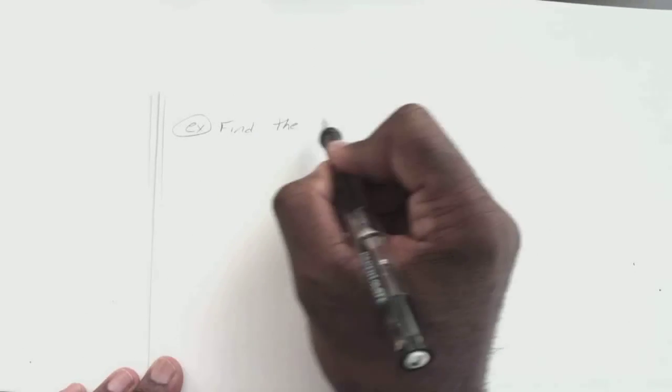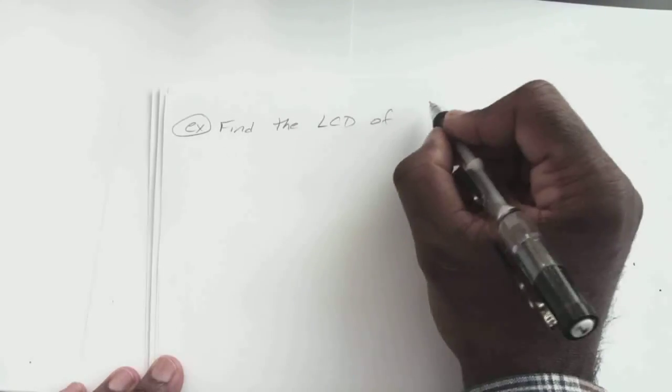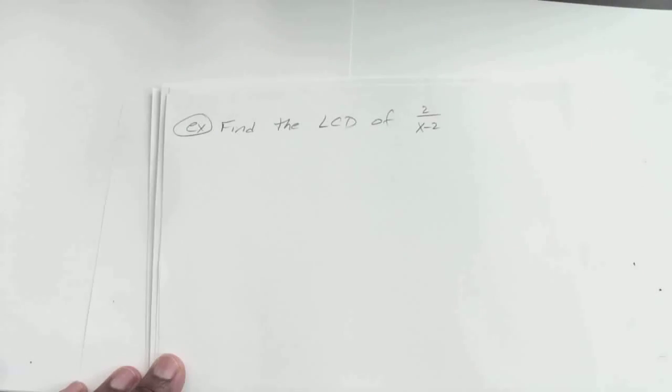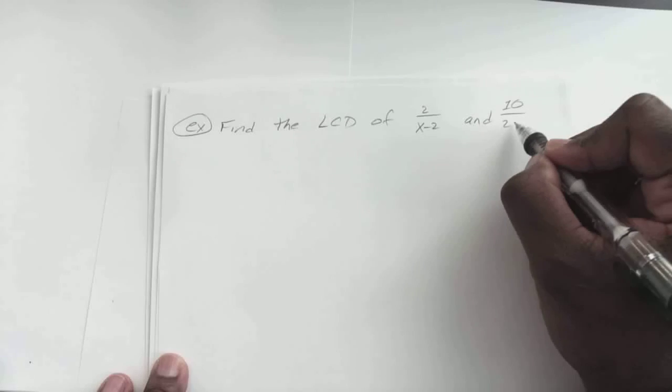And that's if, say for example, you wanted to find the least common denominator of, let's say, 2 over x minus 2 and 10 over 2 minus x.